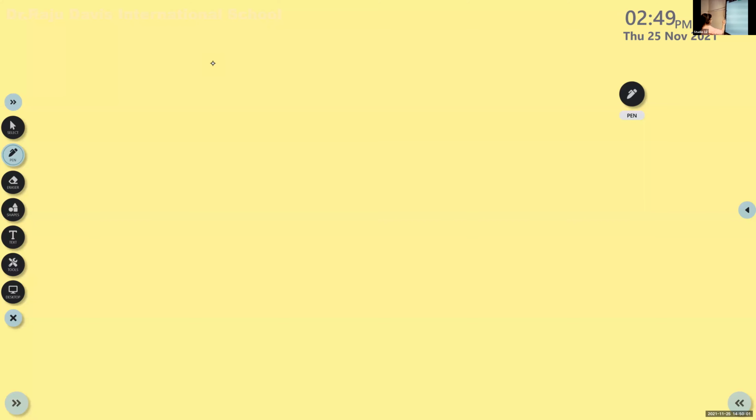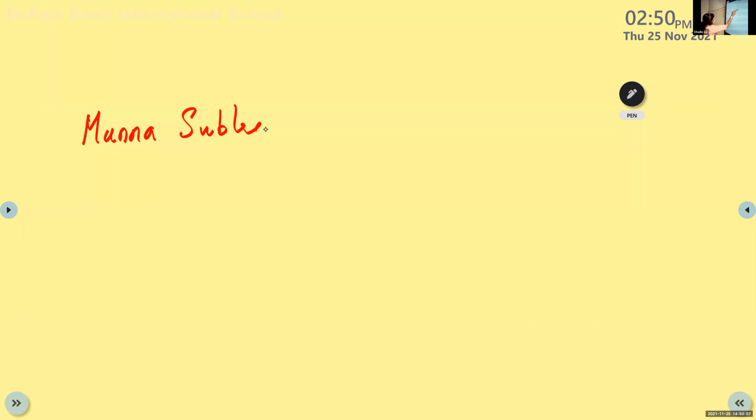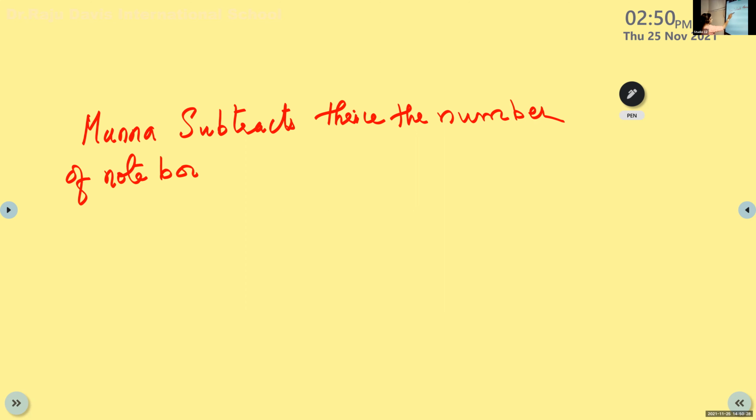Munna, write down: Munna subtracts thrice the number of notebooks he has from 50.